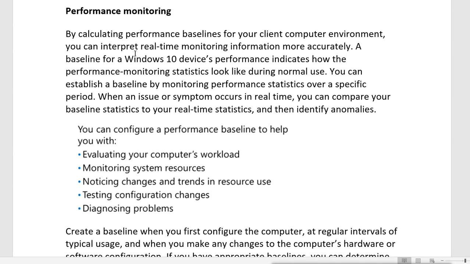By calculating the performance baseline for your client computer environment, you can interpret real-time monitoring information more accurately. A baseline for a Windows 10 device's performance indicates what the performance monitoring statistics look like during normal use, and you can establish a baseline by monitoring the performance statistics over a specific period.